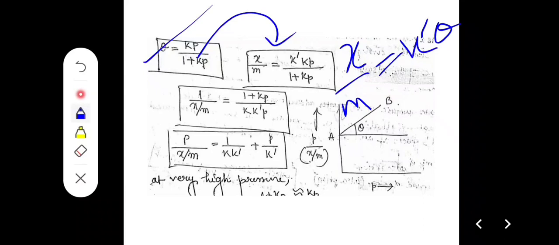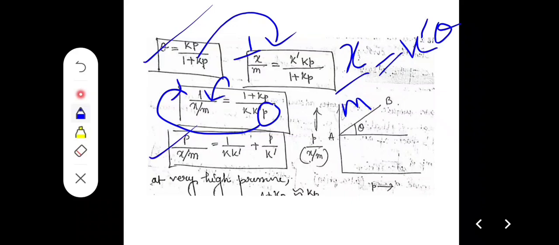Now if we convert this, we get 1 by x by m equal to 1 plus kP by k into k dash P, where P is the pressure. Rearranging, we ultimately get P by x by m equal to 1 by k into k dash plus P by k dash.